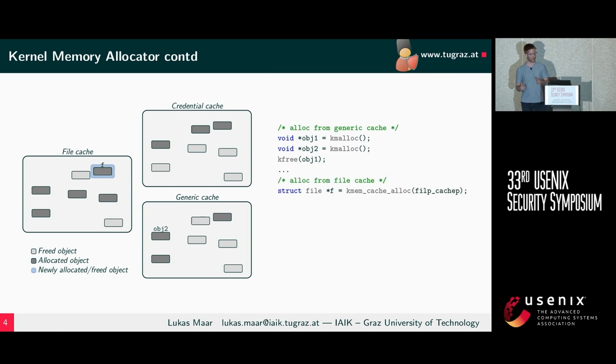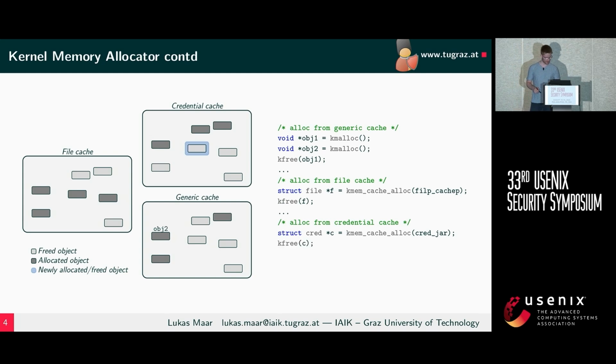If an application allocates from a dedicated cache, like the file cache, this object will be located on a different memory location. Similar for another dedicated cache, the credential cache. This kind of design also provides security benefits, because imagine if you have a use-after-free write from a generic cache, which is where most of the vulnerabilities happen, it's not straightforward to convert this use-after-free write to a use-after-free write of, let's say, the credential cache.